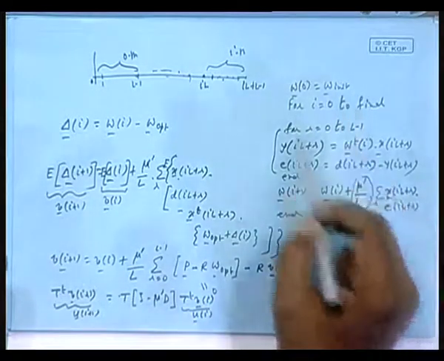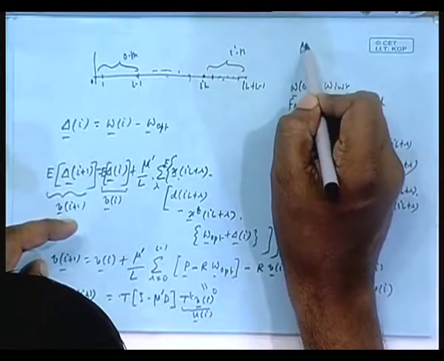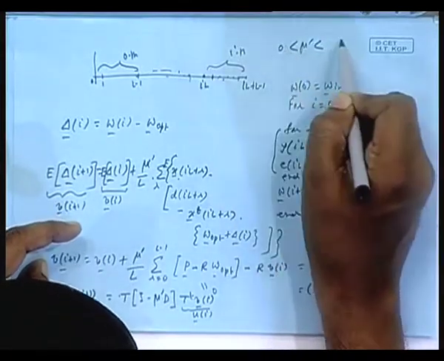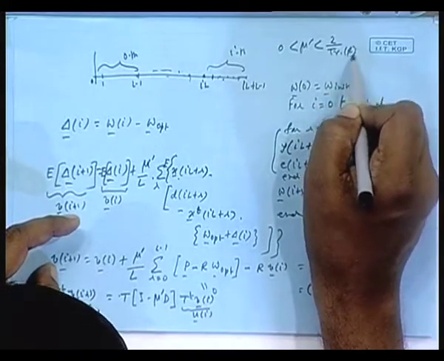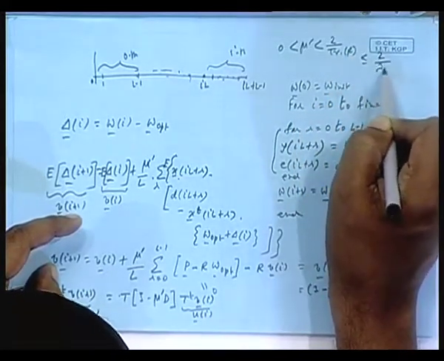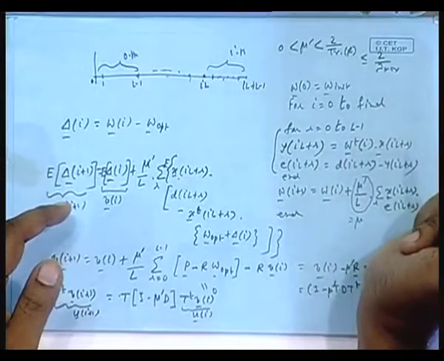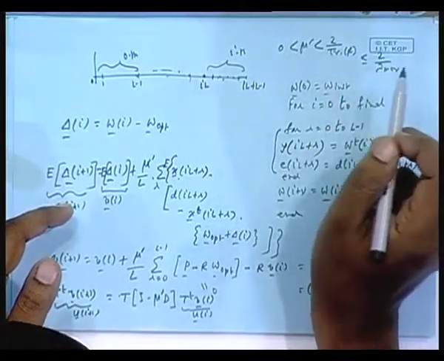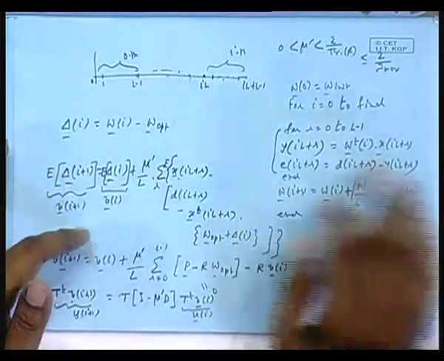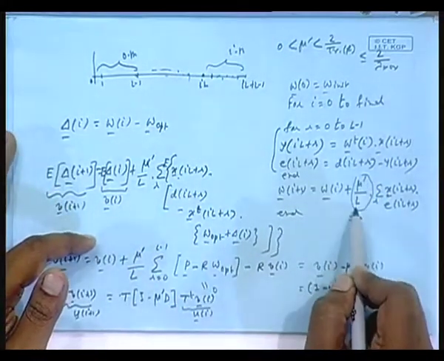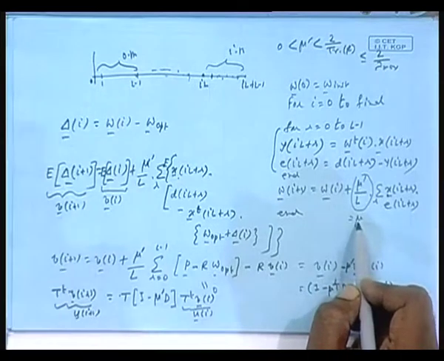So in terms of mu, what will it be? So mu prime should be, say, 2 by trace R, which is less than or equal to 2 by lambda max. So in terms of mu, because when you run the algorithm you do not write mu prime by L, you give it a name mu.